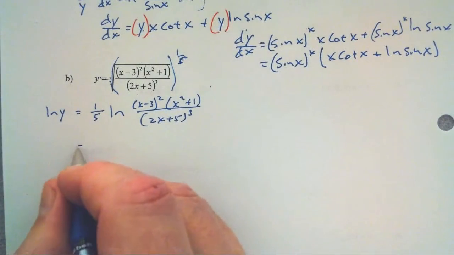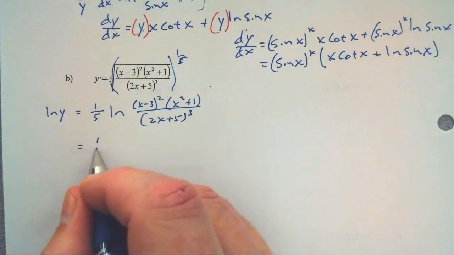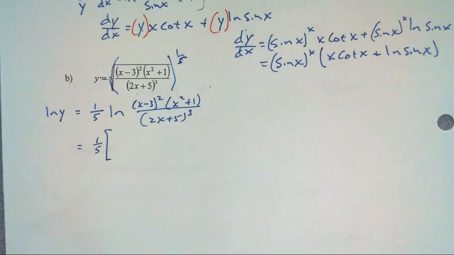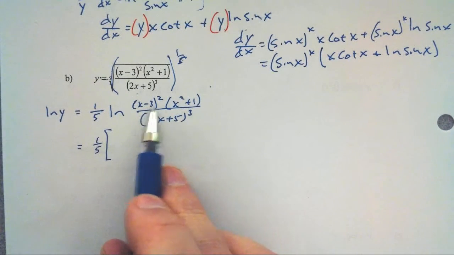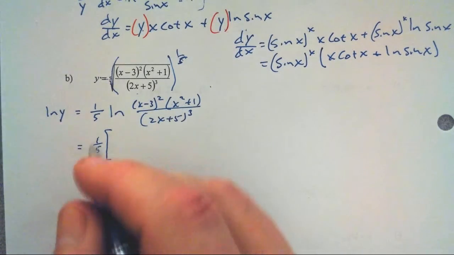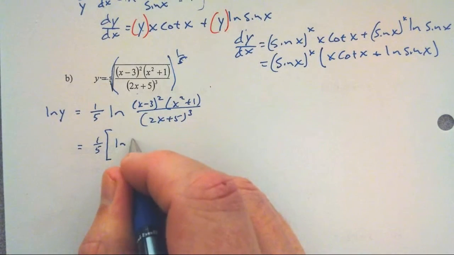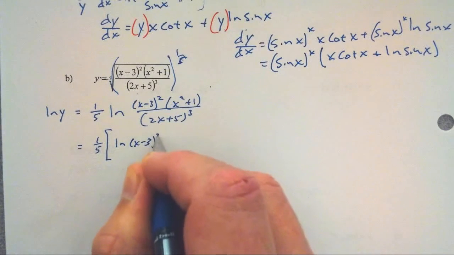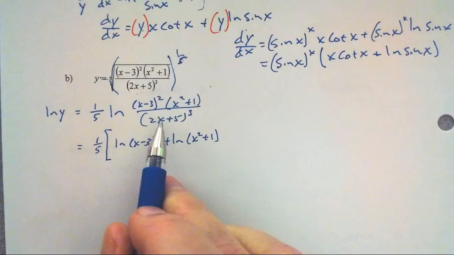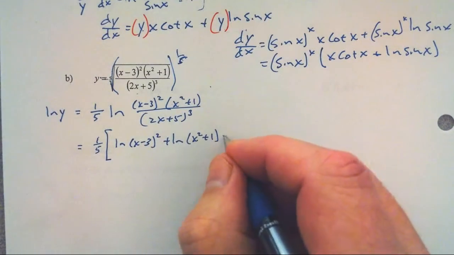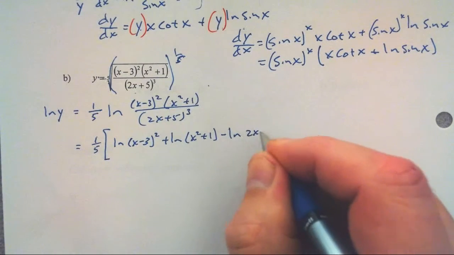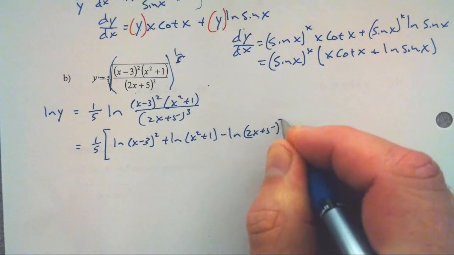Well, let's just keep working with properties of logarithms here. So this is 1/5 times, I think I'm going to need a bracket here. Any factor in the numerator can become addition of a new ln. So that's ln of (x minus 3) to the 2nd plus ln of (x squared plus 1). Any factor in the denominator of a single ln can become minus ln of (2x plus 5) to the 3rd.